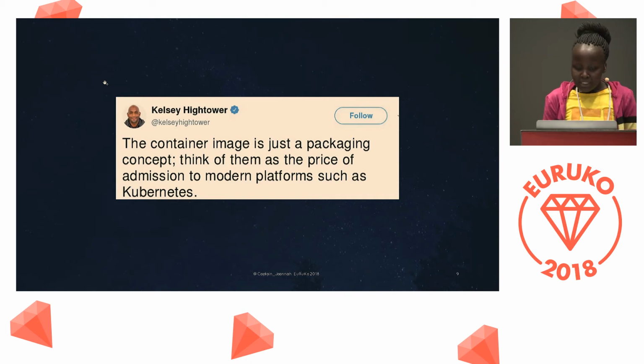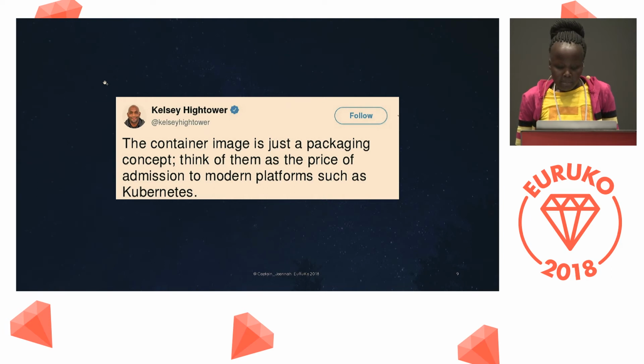Now, if you talk about containers, I'll talk about the noble benefits of why we need to use containers, and Kelsey Hightower has many other dubious reasons that he can give you. He's talked about containers. But I think I agree with his statement, and he's always right, by the way. Okay, most times right. That the container image is just a packaging concept. Think of them as a price of admission to modern platforms such as Kubernetes.